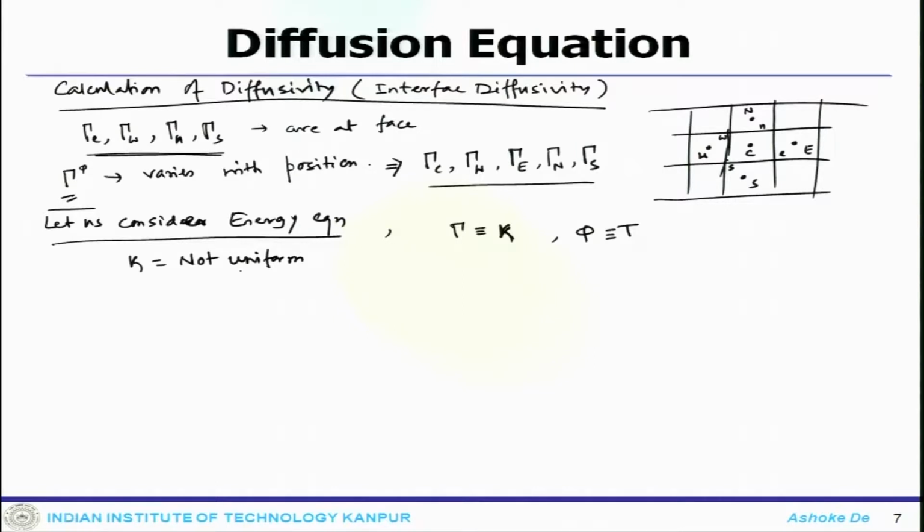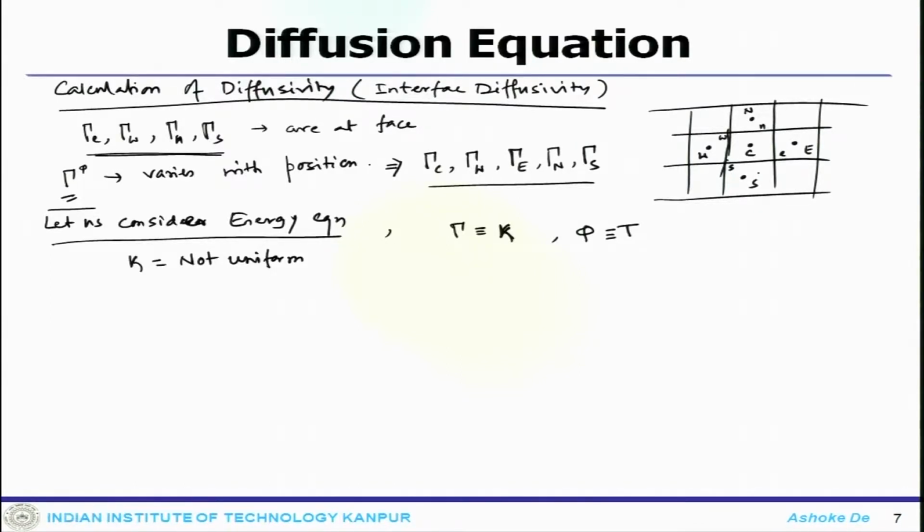The reason is that for a non-homogeneous material, kappa could be varying, and then the conductivity at different locations, at this center and at this location, is going to be different.